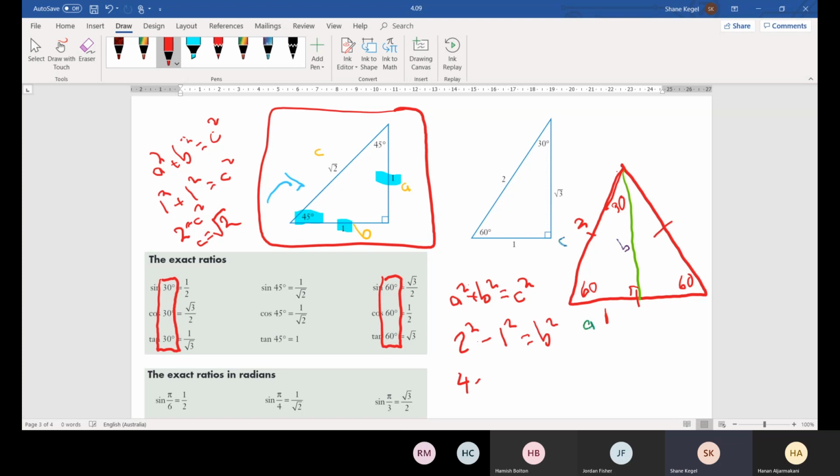So 2 squared is 4, take 1 squared is 1, equals B squared, 3 equals B squared, or B equals root 3. And as you can see, that's where they've got this root 3 value from here.